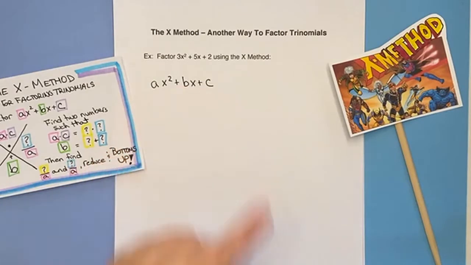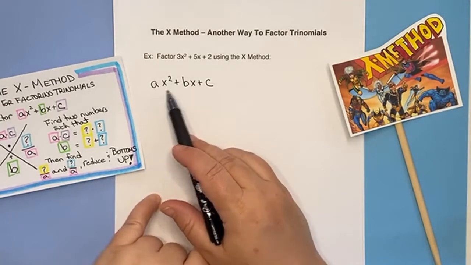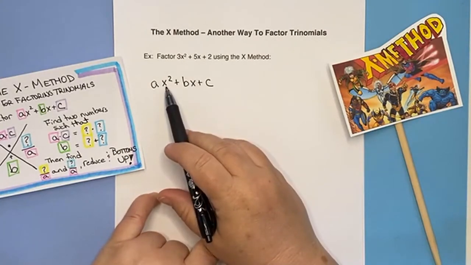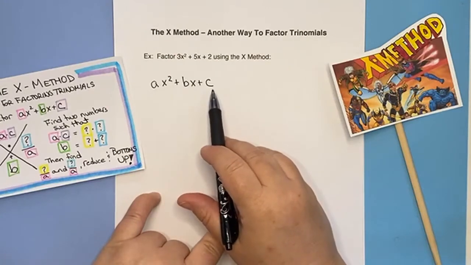Using a, b, or c as your variable would be very confusing, and I would encourage you not to do it, but you could have T's, you can have D's, you can have happy faces, really whatever you can draw, you do you. So I've got ax squared plus bx plus c. Notice it's in descending order. This is key. Your x squared has to come first, then your x, then your constant.